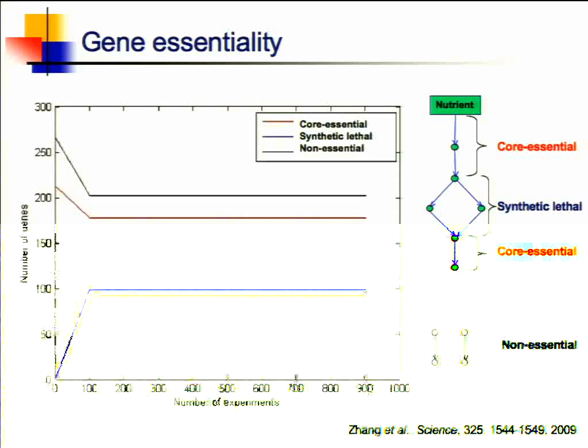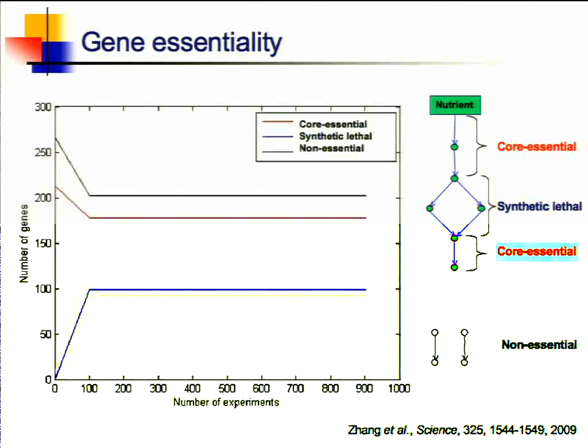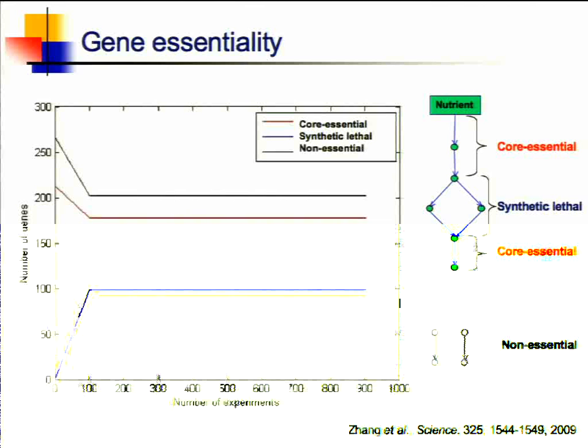So basically what we suggest is that the core essential genes represent the branches in the network that have to exist during the nutrient uptake and utilization process, whereas synthetic lethal genes represent the branches in the metabolic network where, in a random process, if a branch is selected, it is needed, so it becomes essential.